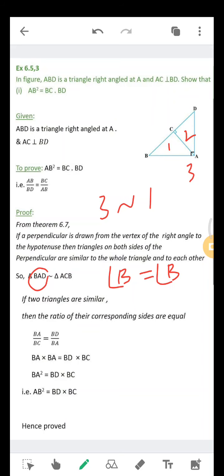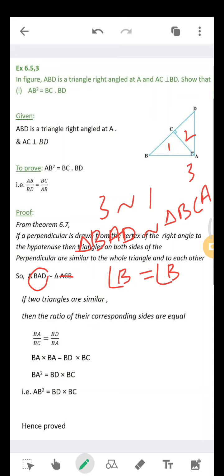So triangle 3 should be named as BAD. That is correct. And triangle 1 should be named as BCA. Now you can see here, don't name it as ACB.